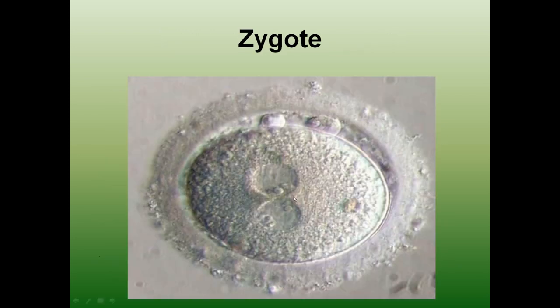This is the diagram of the zygote, and you can see two independent nuclei from the male gamete and female gamete persisting in a single cell, that is the zygote. So, in which stage do the male and female nuclei occur as separate entities, as two separate nuclei?